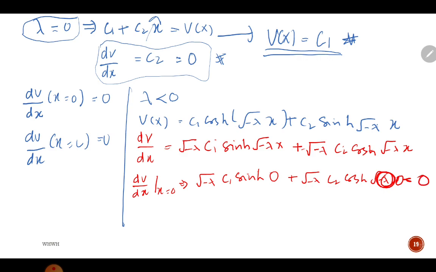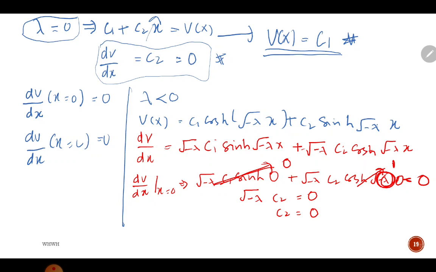Dia sama juga macam sin dengan cos. Cos 0 is 1, and sin 0 is 0. So turn out the first term everything becomes 0. So yang ni kita akan ada minus lambda C2 equals to 0. So from here we get C2 equals to 0.